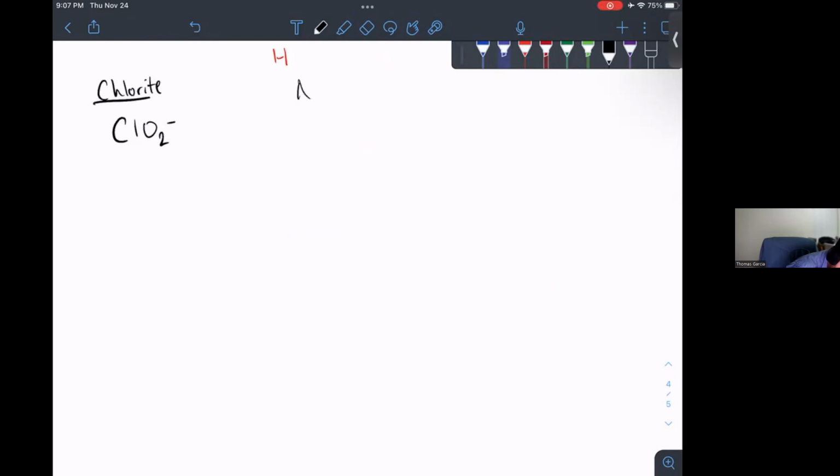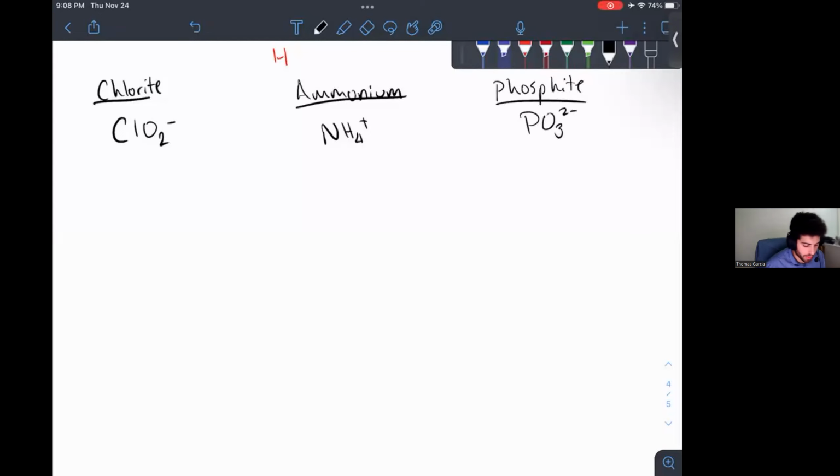We are also going to practice ammonium, NH4 plus. And then we're going to practice PO3 2 minus, that's phosphite.